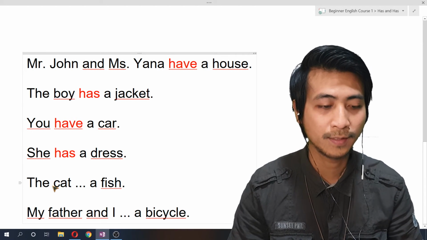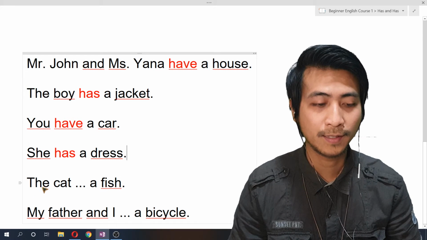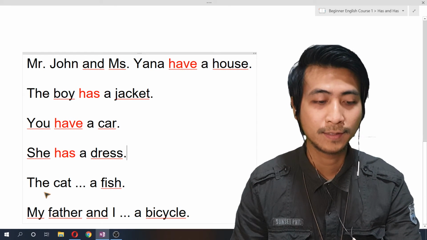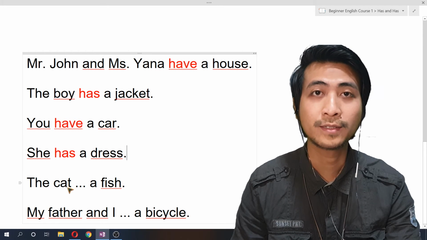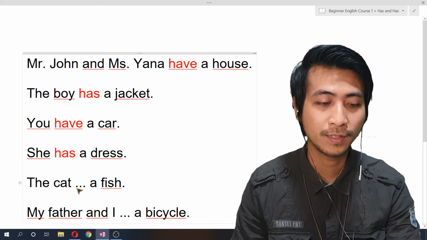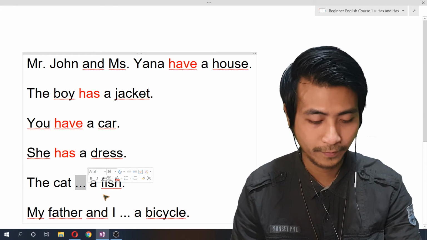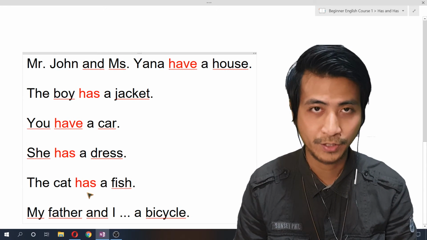And the next one, the cat blank a fish. Again, the cat is an animal, so it's the same as the subject it. We use has, not have. So the sentence is the cat has a fish.